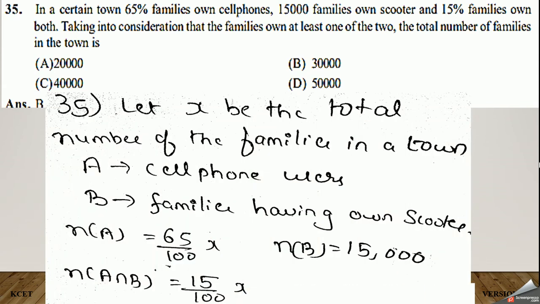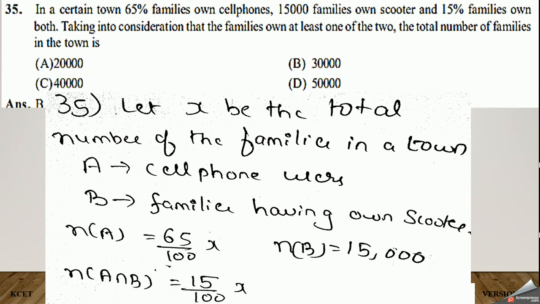Then 15% of X own both. So N of A is 65 by 100 of X, N of B is already given as 15,000, and N of A intersection B, both the cell phone and scooter, is 15 by 100 of X.